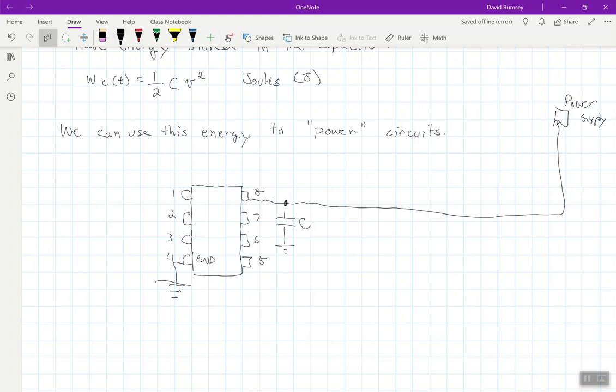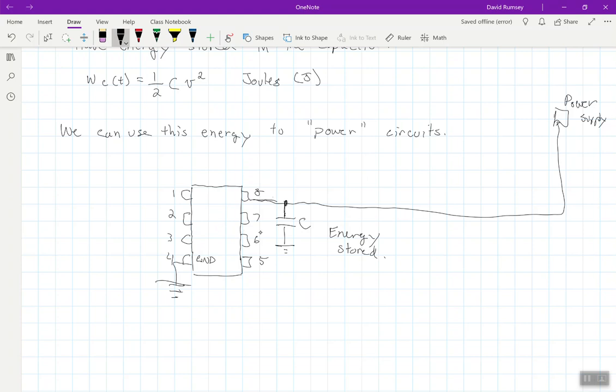Because now, this is a DC voltage, so I've turned the power supply on, and this charges up almost instantaneously, so this has energy stored. And now, this chip needs some energy because it's switching states real quickly, and instead of having to go all the way back to the power supply to get that energy, it can just tap into this capacitor to get the energy that it needs.